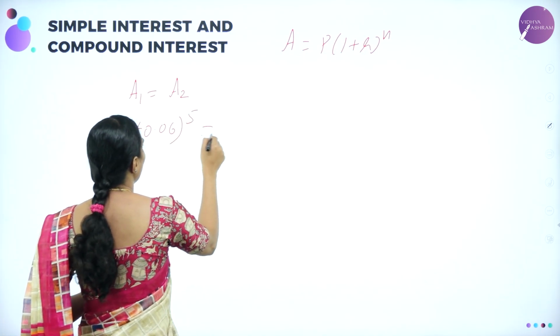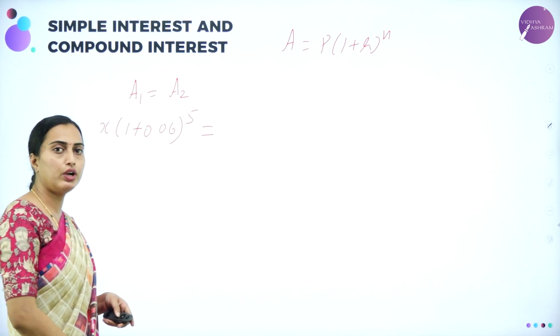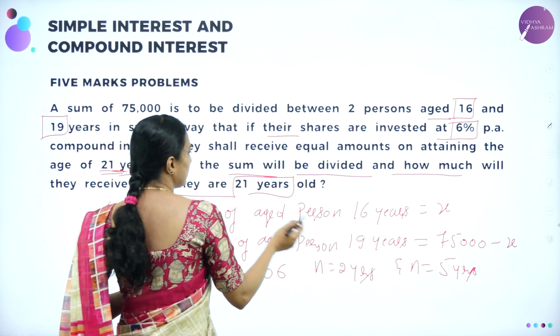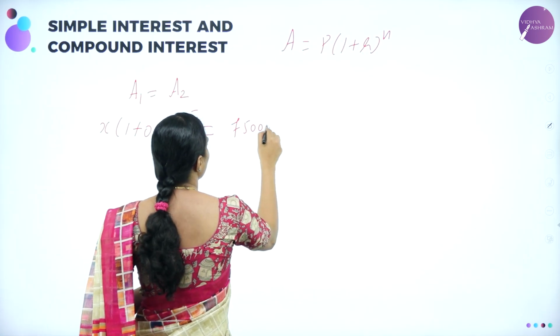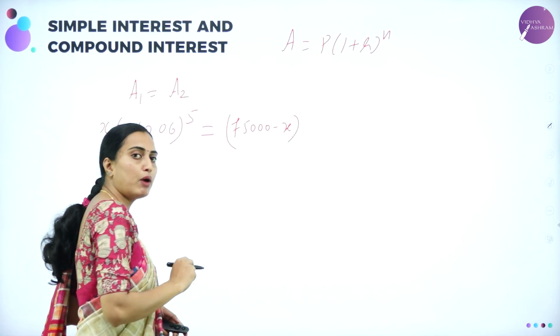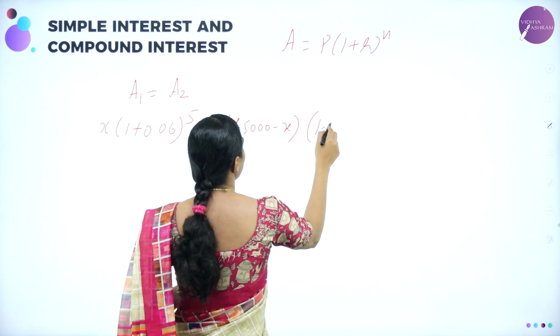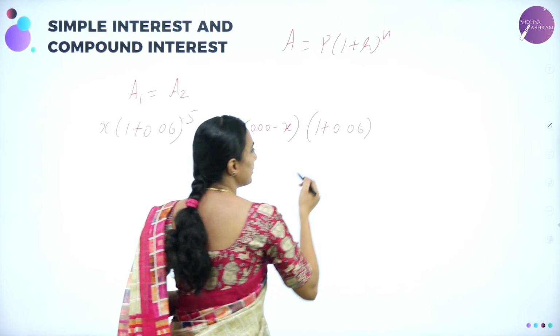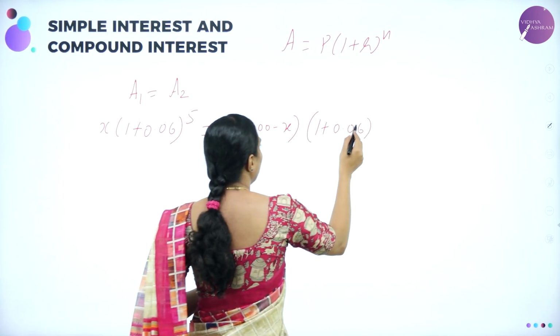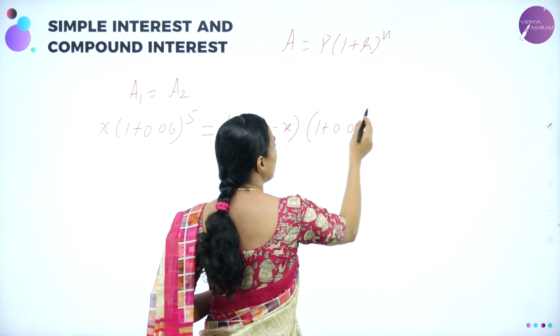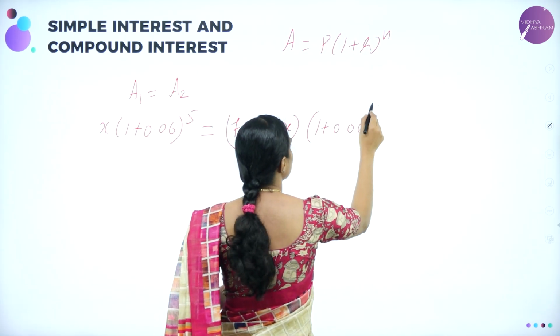So that is equal to A2, which is 75,000 minus X, that is the principal amount, into 1 plus 0.06, the same percentage you are going to invest. Here N is from 19 to 21, a 2 years difference.